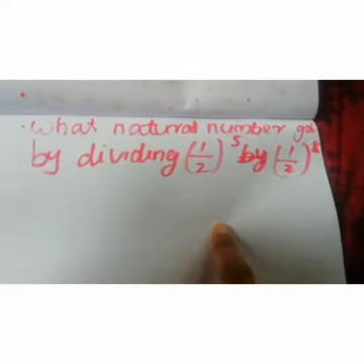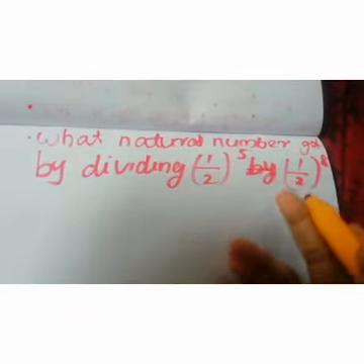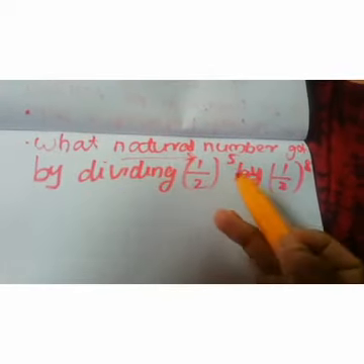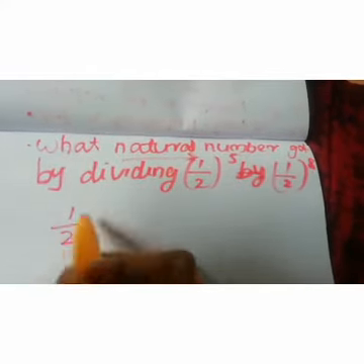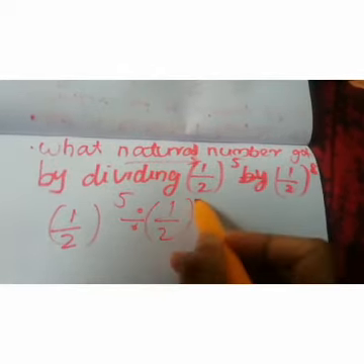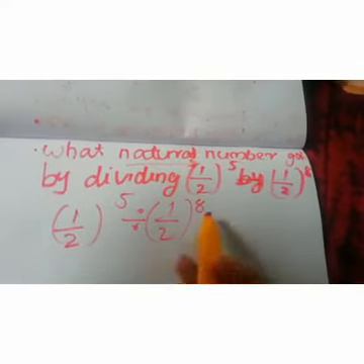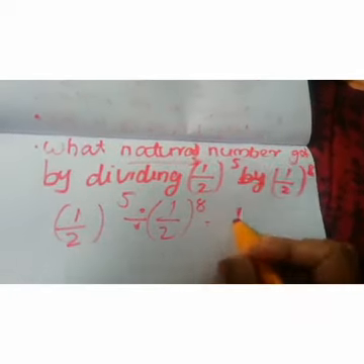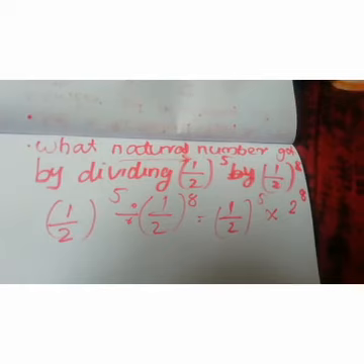If this is the next question, what natural number is got by dividing 1 by 2 raised to 5 by 1 by 2 raised to 8? Here we need to find the natural number, that means a counting number 1, 2, 3, etc. So 1 by 2 raised to 5 divided by 1 by 2 raised to 8. Here we know how to divide two fractions: the first part multiplied with the reverse of the second.